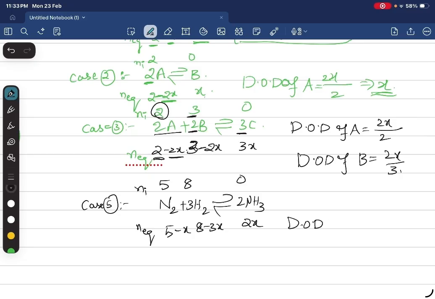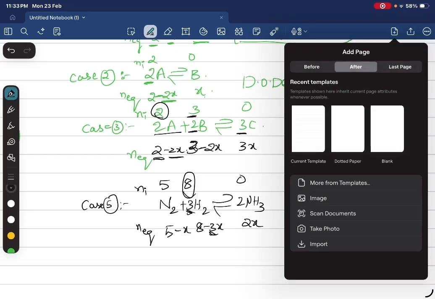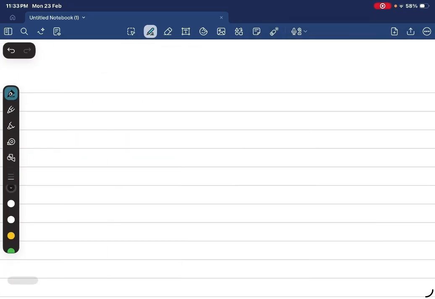So DOD of N2 equals x by 5, DOD of H2 equals 3x by 8. This is how we can write DOD for different examples. Here x we can write with stoichiometry, whatever is given, and initial moles also whatever is given, that we can take.